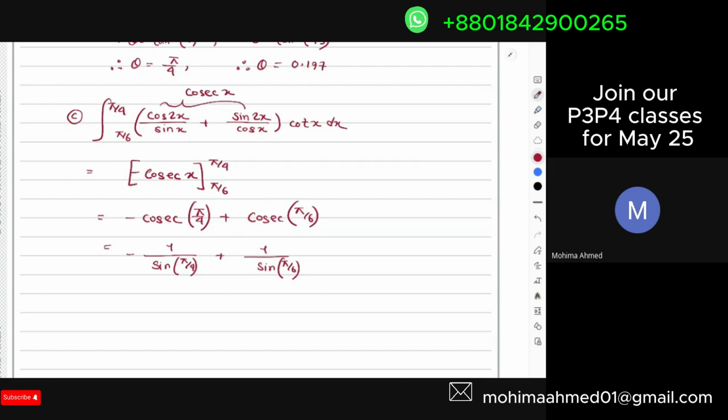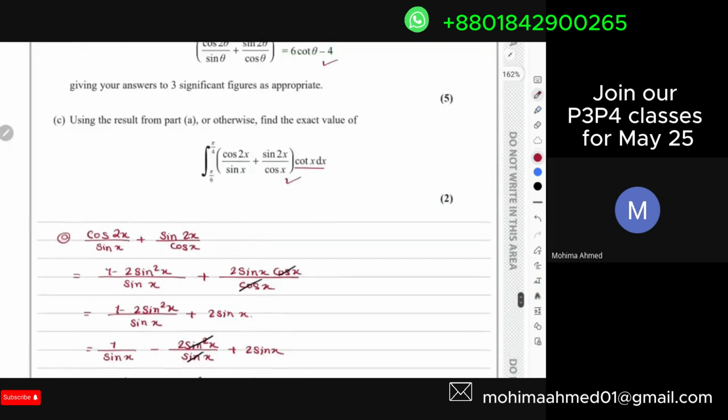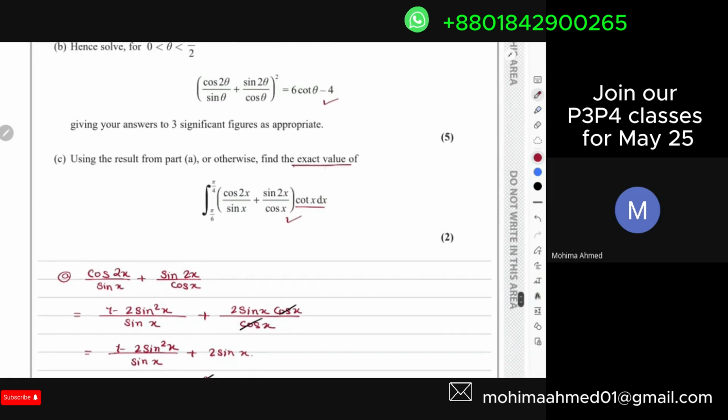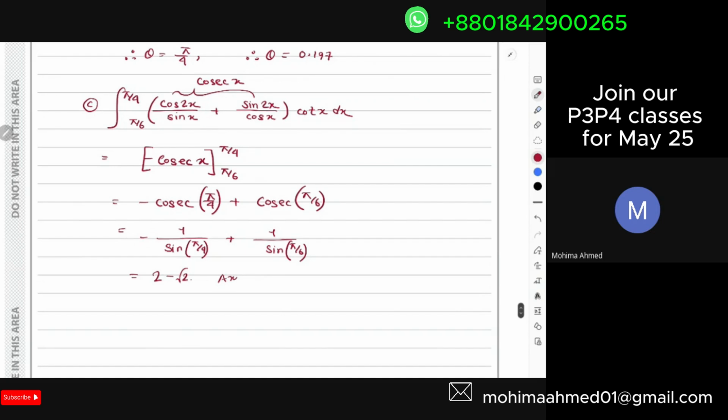So you get your answer, which is just 2 minus root 2. Let me see if they asked for exact values. You're supposed to keep your answer in surd format. That's 2 minus root 2.